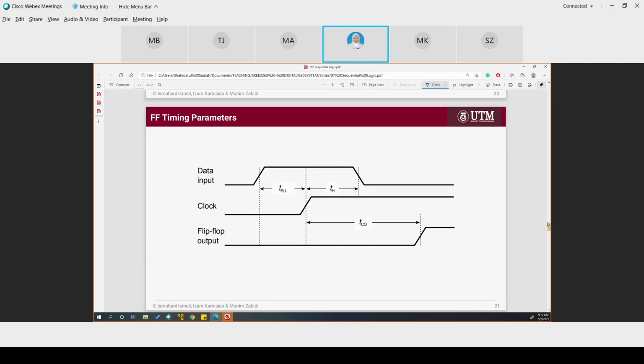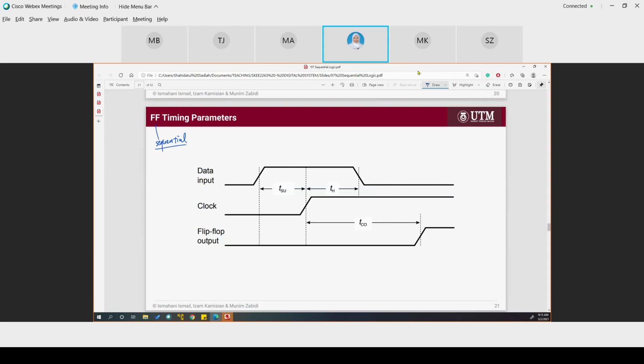So it's about the flip-flop timing parameter. The flip-flop is sequential logic. Okay, so this is the data input, and this is the clock, and this is the output.